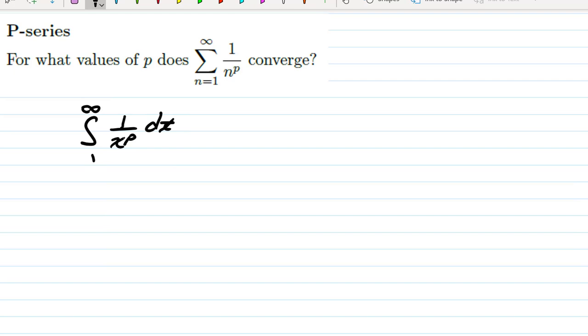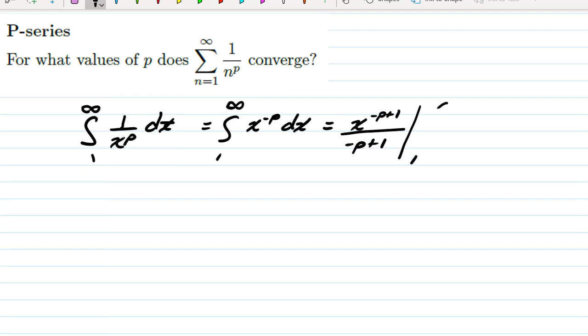dx. To do that integral, we rewrite it with a negative exponent, so x to the negative p dx. Then by the power rule, we add 1 to our exponent and divide by it. So we get x to the negative p plus 1 divided by negative p plus 1. Then we evaluate that from 1 to infinity. We need to know for what values this is going to converge.